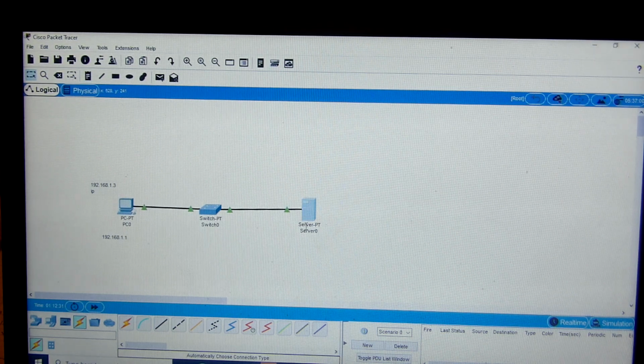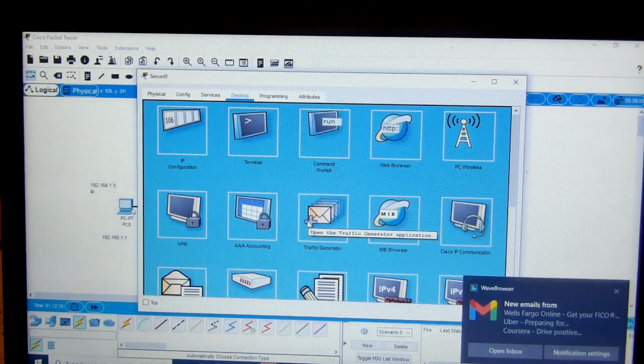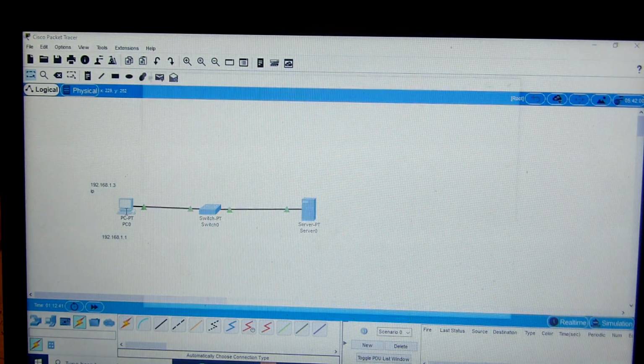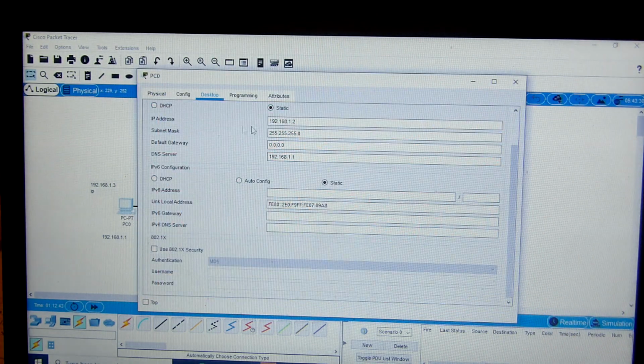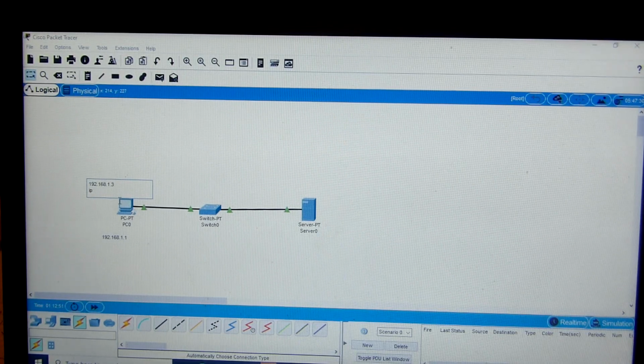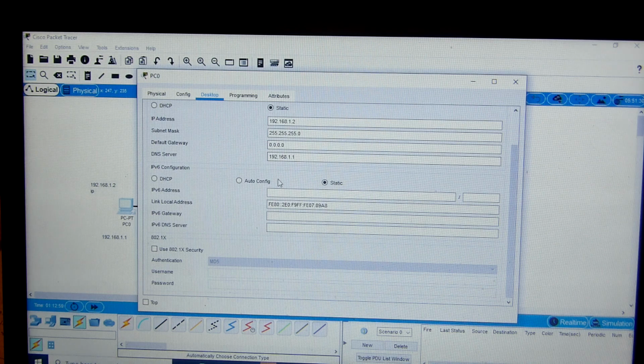And then we go to this server. I already put this in here. I put 2, this is point 2, the IP, and then the DNS server.